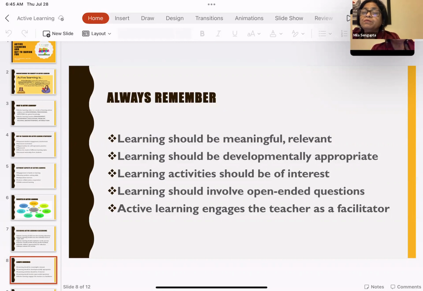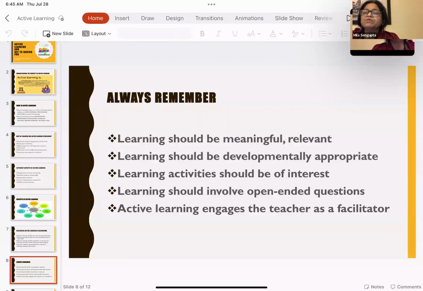So be open, be flexible, be engaging, and motivate the students to come up and share their different kinds of ideas, because when they do that, that is where a lot of thinking and reflection is happening, and the children are able to think, as we say, out of the box, not the traditional kind of thinking.